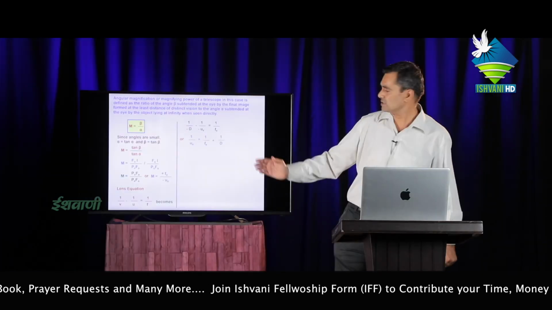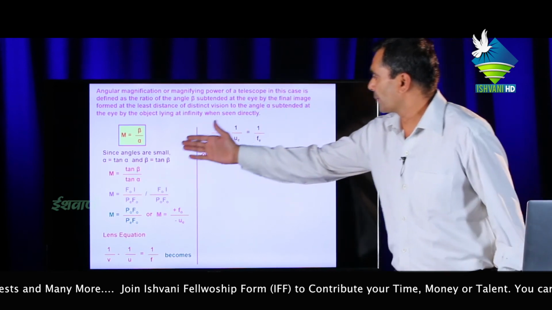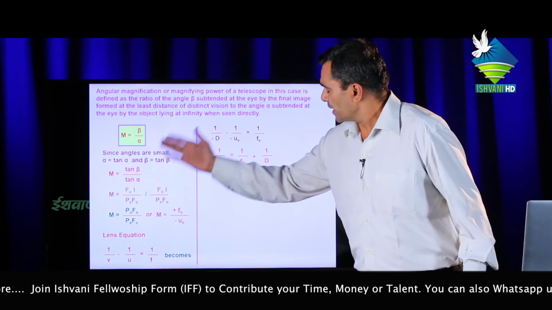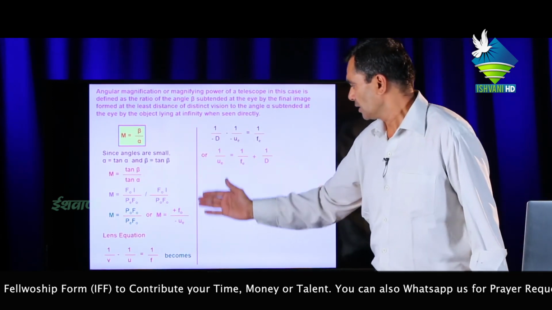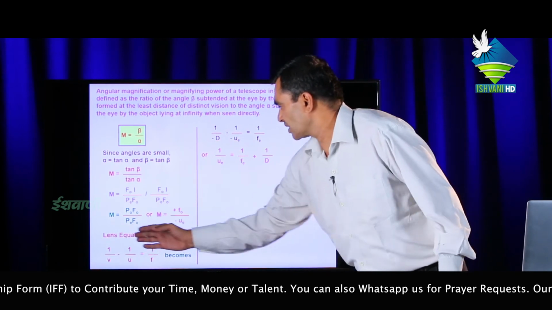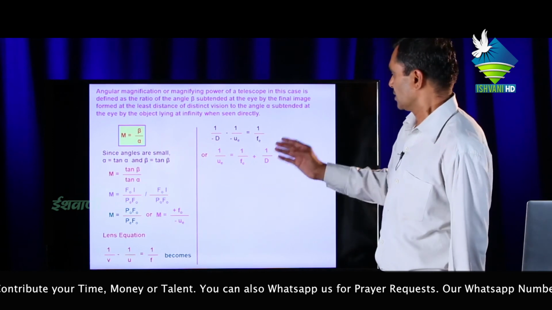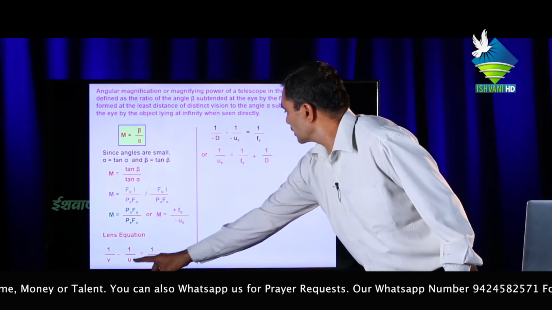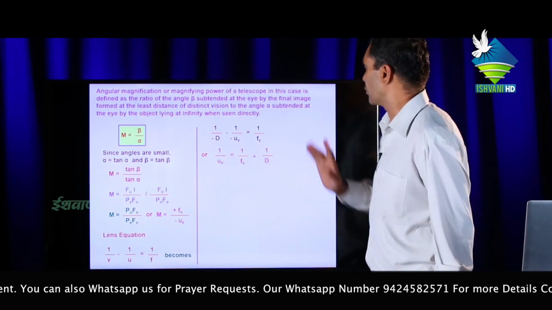Then similar process, m equals beta upon alpha, m equals tan beta upon tan alpha. If alpha and beta are small, calculate from the figure tan alpha and tan beta, and putting these values with the lens equation, 1 upon v minus 1 upon u equals 1 upon f, becomes, if u equals minus ue, then distinct vision means v equals minus d.